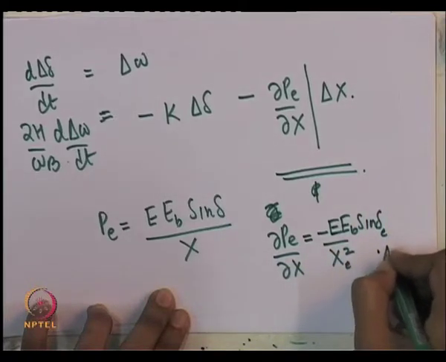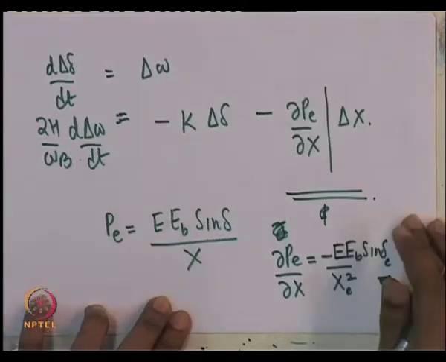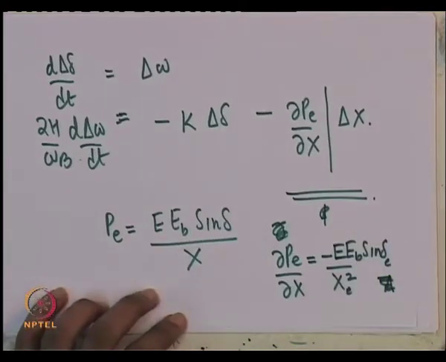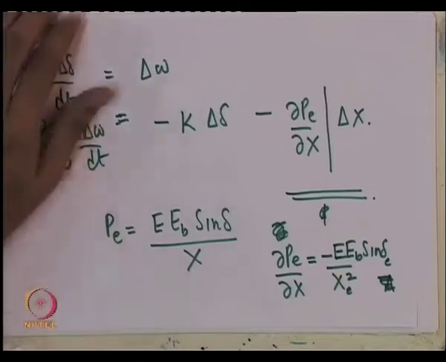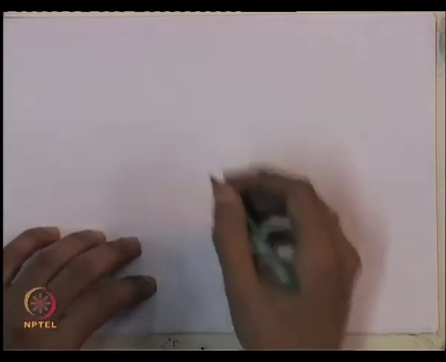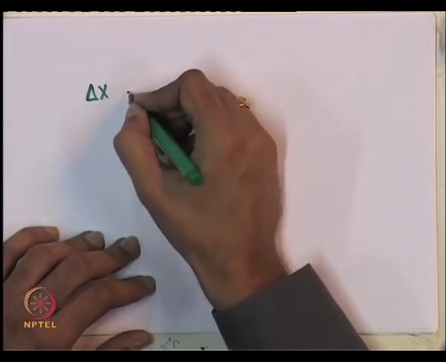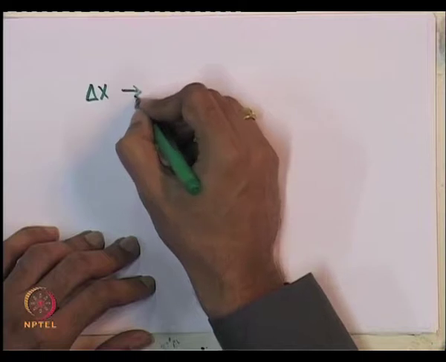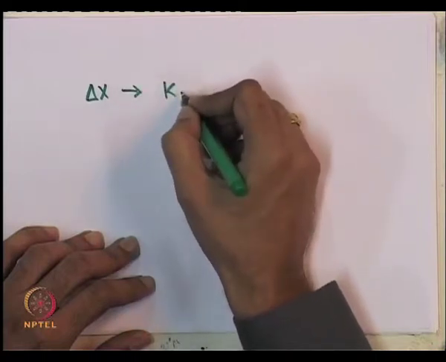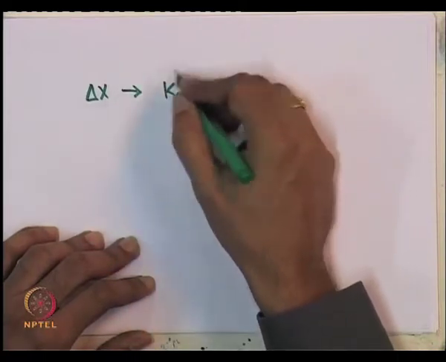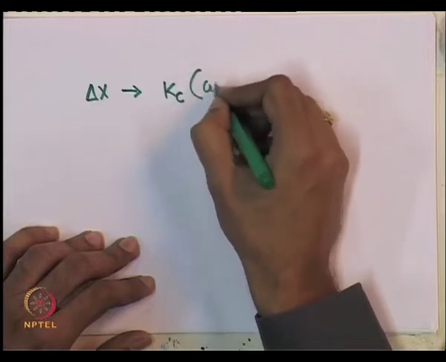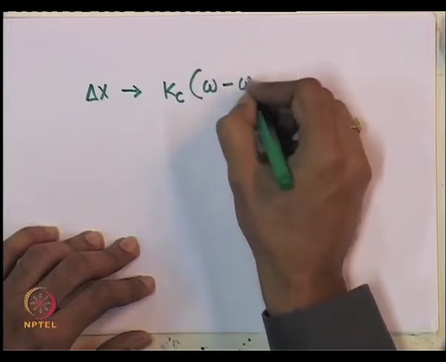So this is how it looks. Now, suppose delta x is modulated in proportion to omega minus omega naught, with some gain of the controller.